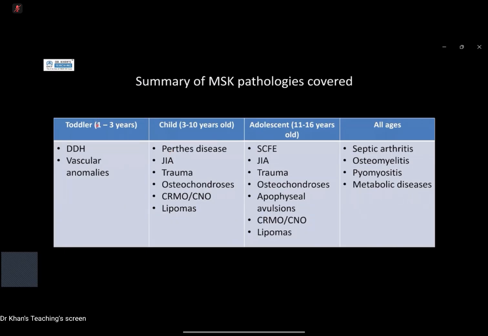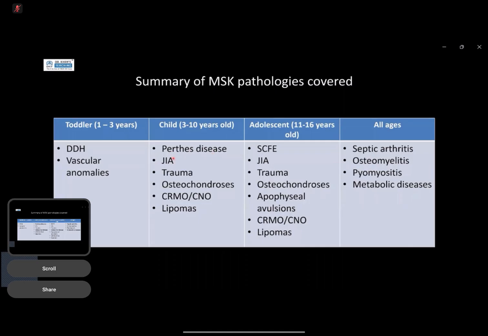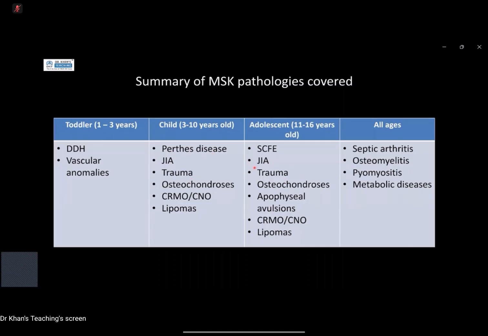And because of the child, the transphyseal vessels. Perthes you get at 4 to 8 or 3 to 10. Of course, JIA happens anywhere under 16. Trauma, you think of avulsion fractures, Tillaux fractures, triplane fractures, your osteochondrosis or osteonecrosis, Perthes, Panner's, Freiberg's and whatnot, CNO, CRMO.